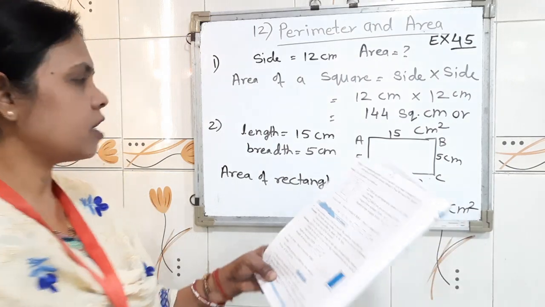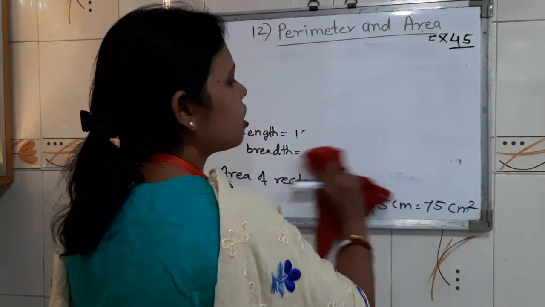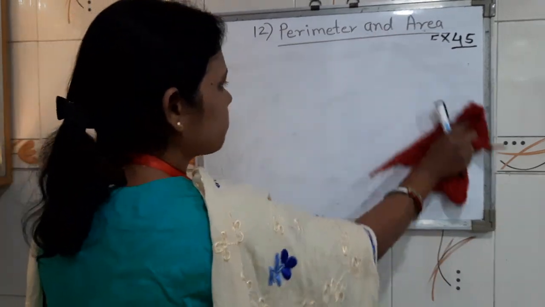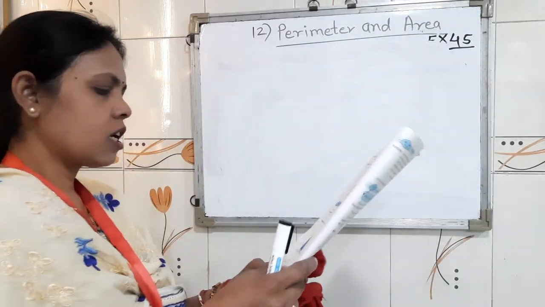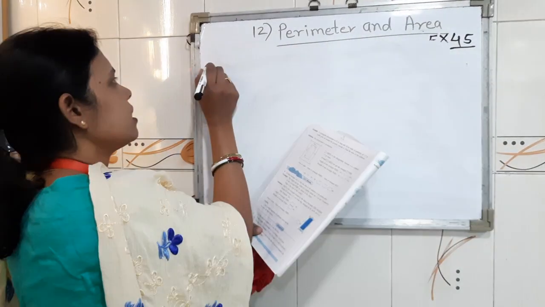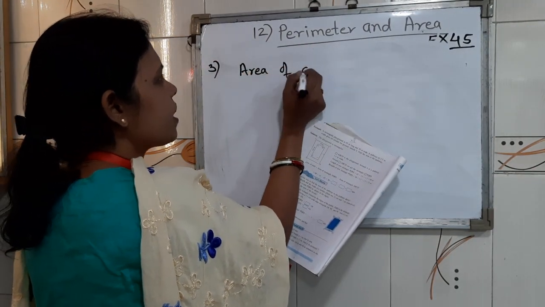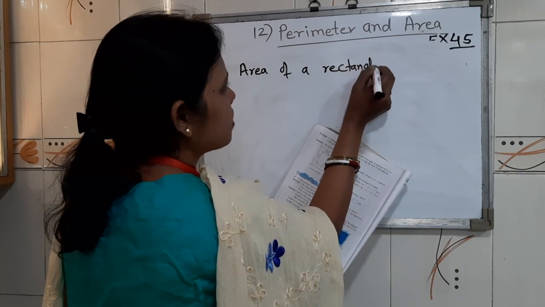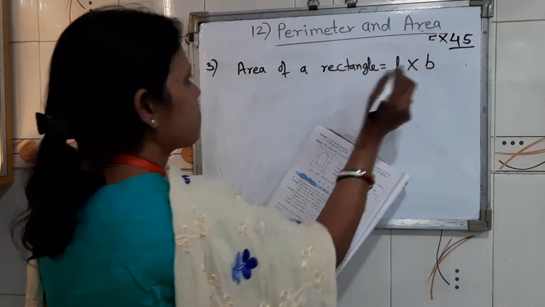So children, here question number third. Area of a rectangle is given. Area of a rectangle equal to length into breadth.